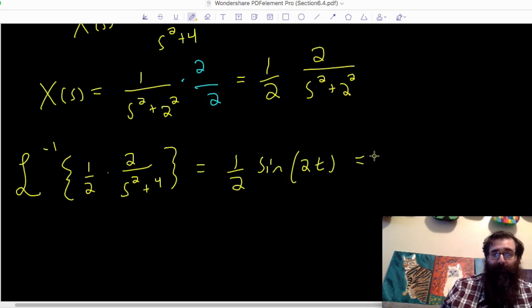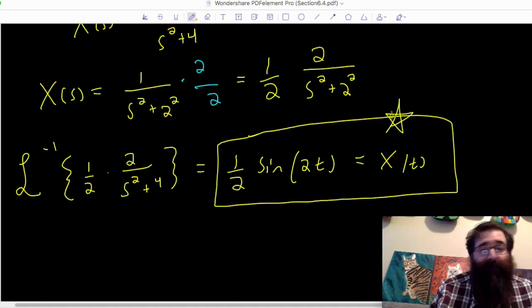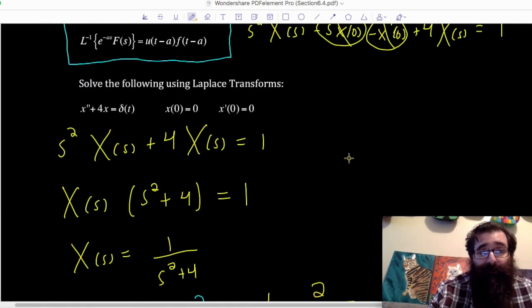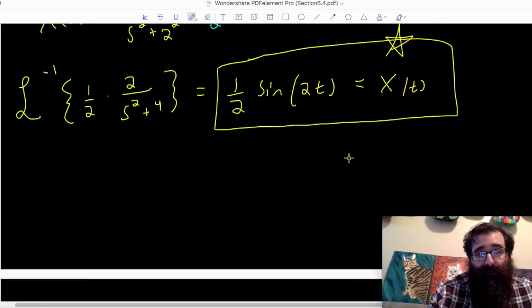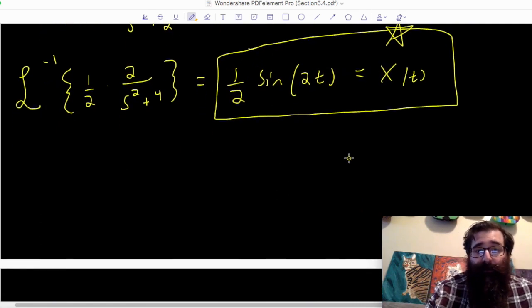And this would be our function. You want to call it little x of t or little f of t, whatever you want to call it. This is our solution. So here we get 1/2 sine of 2t. And we get a chance to work with our delta function in this case. So, hey, pretty cool. Let me know what you think about that.